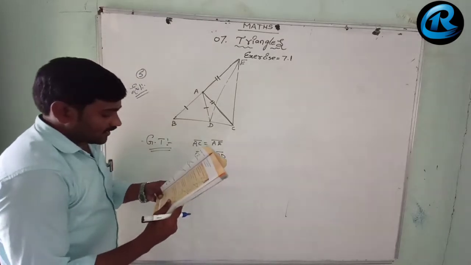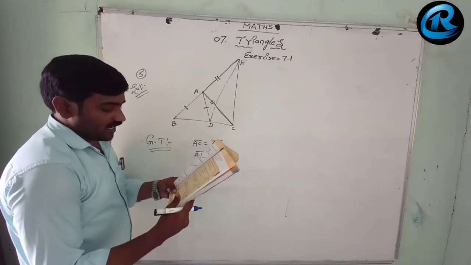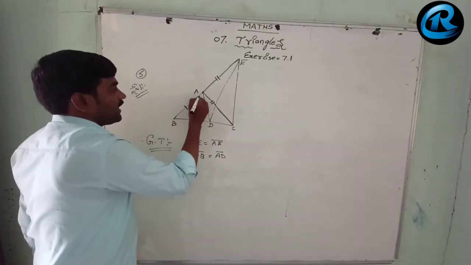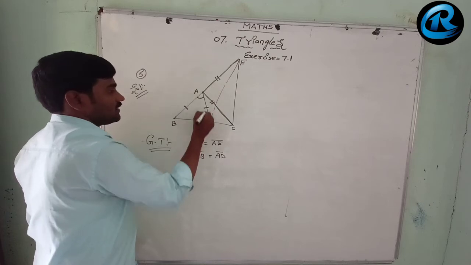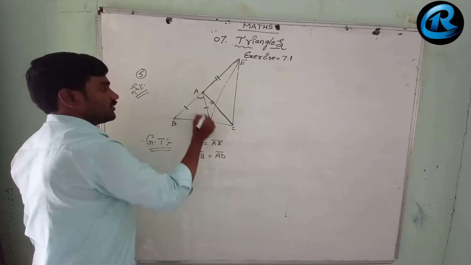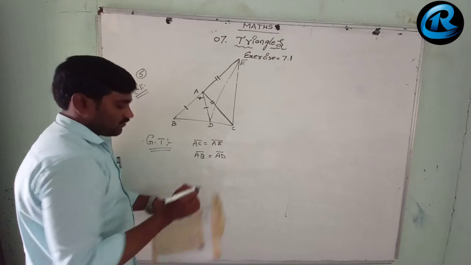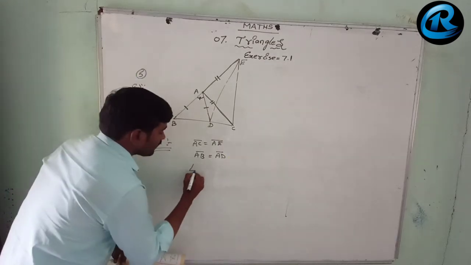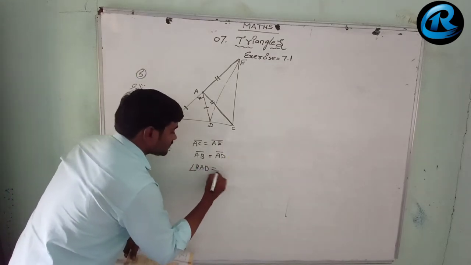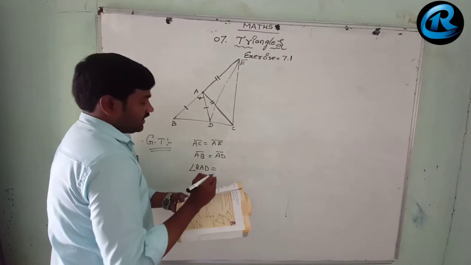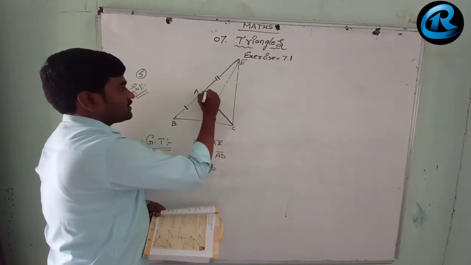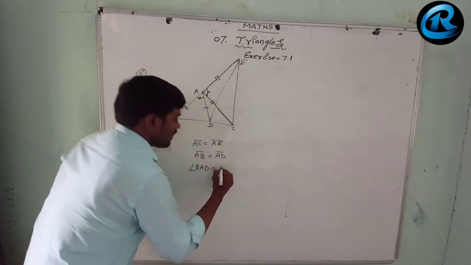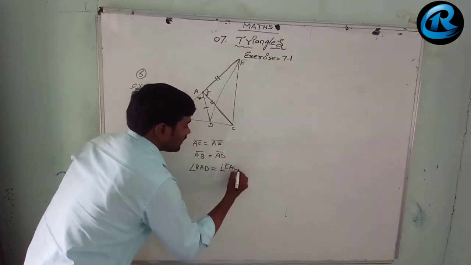Now the two more angles are equal. Angle BAD, B to A to D, is equal to angle EAC.